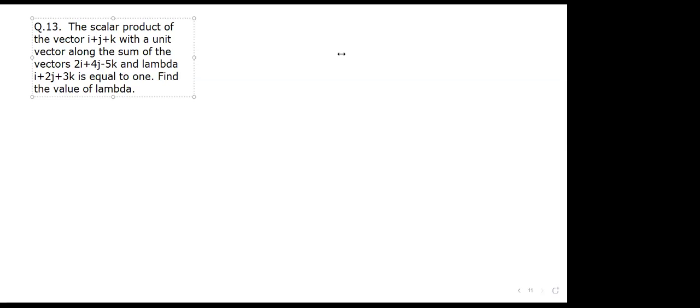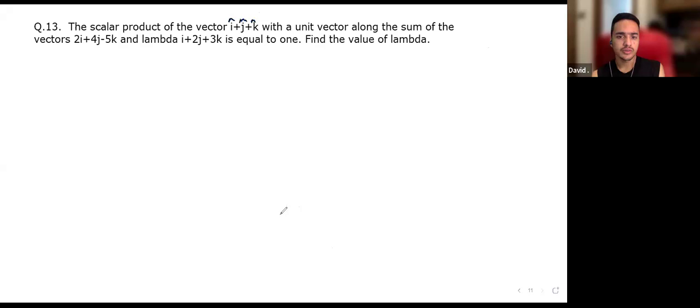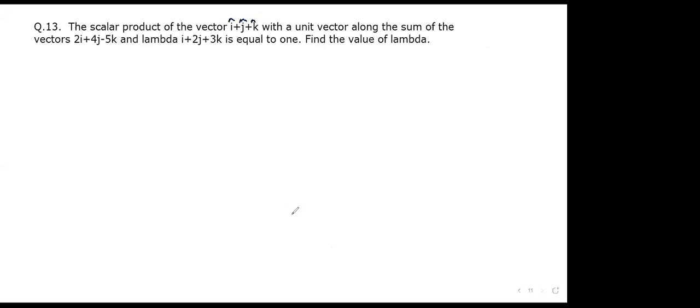This question again is very important from the board point of view. The scalar product of the vector i cap plus j cap plus k cap with a unit vector along the sum of the vectors 2i plus 4j minus 5k and lambda times i cap plus 2j cap plus 3k cap is equal to 1.